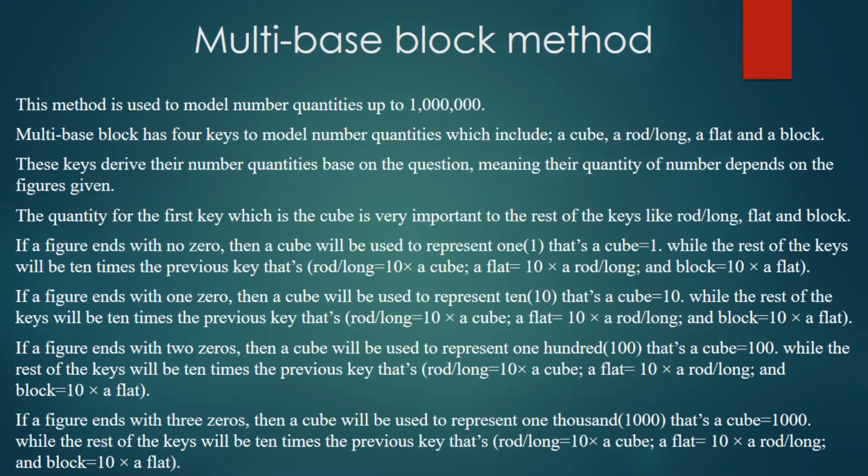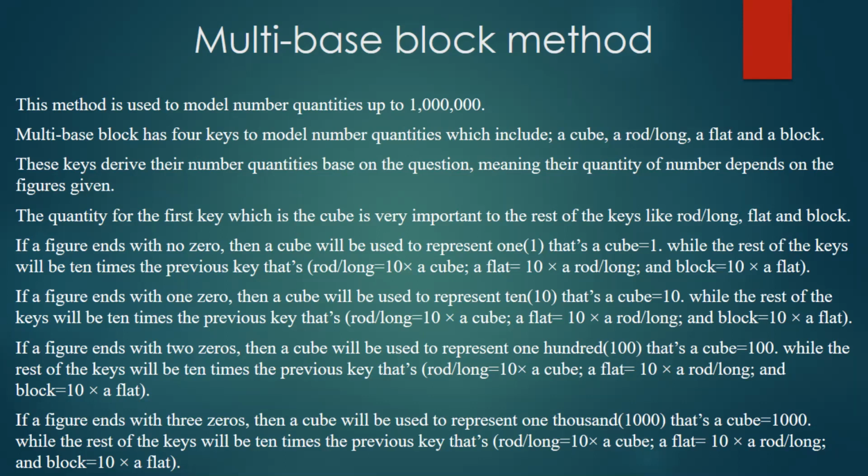Mathematically, once a cube is equal to 1, the rod or long will be 10 times a cube. Then the next key is a flat, which will be equal to 10 times a rod or long. And the last key, which is the block, will be equal to 10 times a flat.